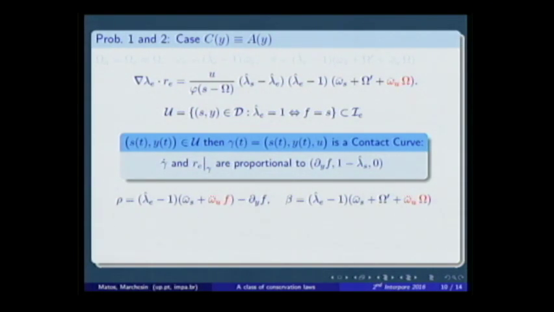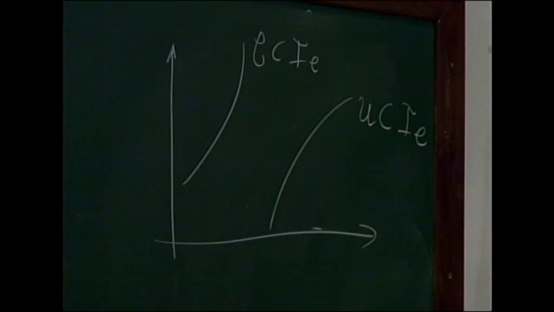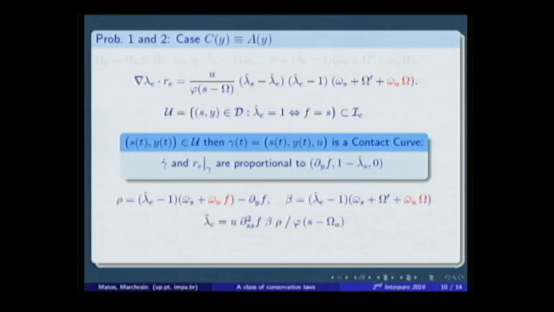So if we try to see what happens with lambda E on the coincidence, if you try to see what happens to the eigenvalue lambda E close to the coincidence, we have this function now where we have rho and beta like this.